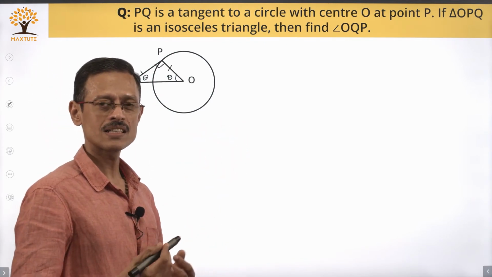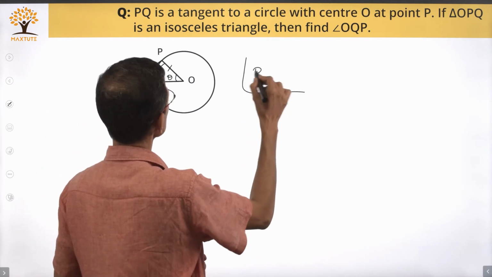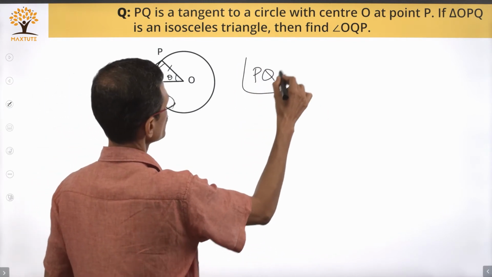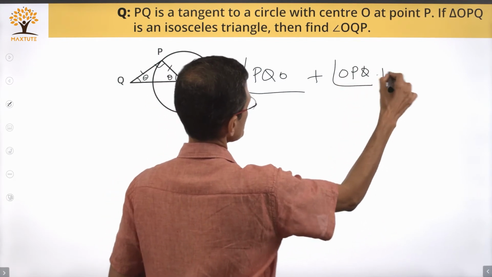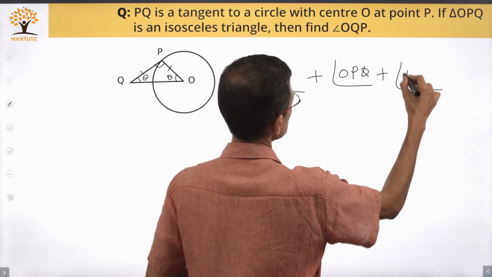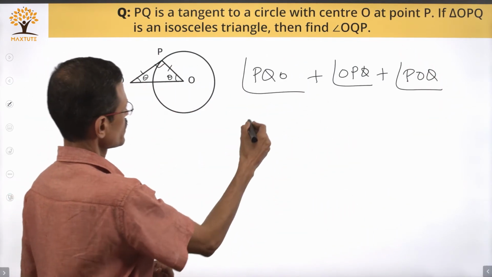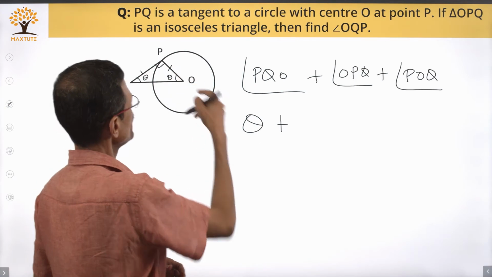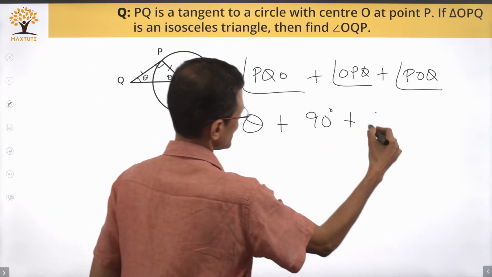In any triangle, the sum of the three interior angles is equal to 180 degrees. So angle PQO plus angle OPQ plus angle POQ, right? We just need all these three angles. PQO is equal to theta, angle OPQ is equal to 90 degrees, angle POQ is again another theta.